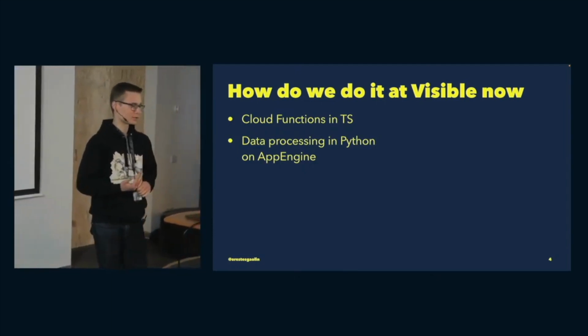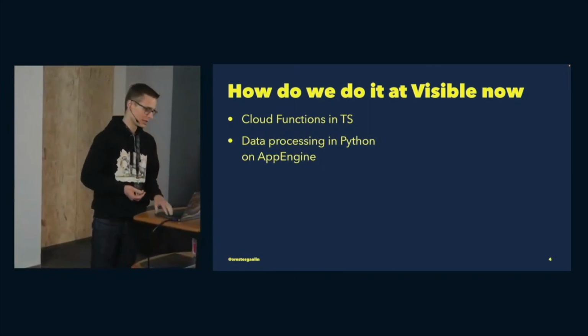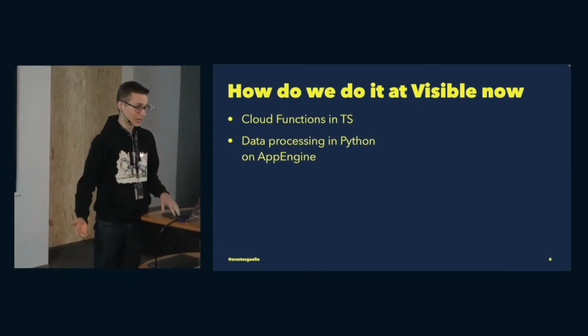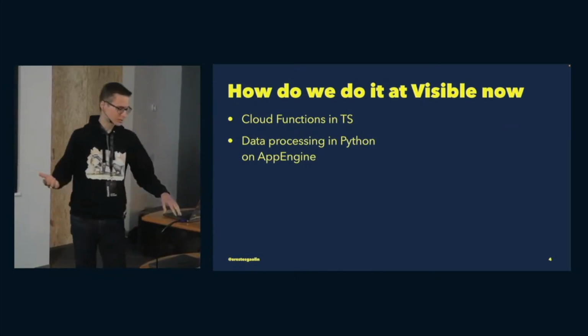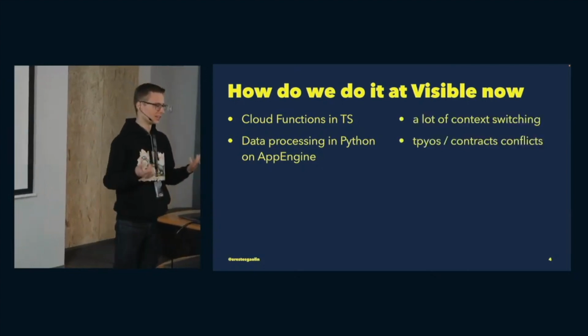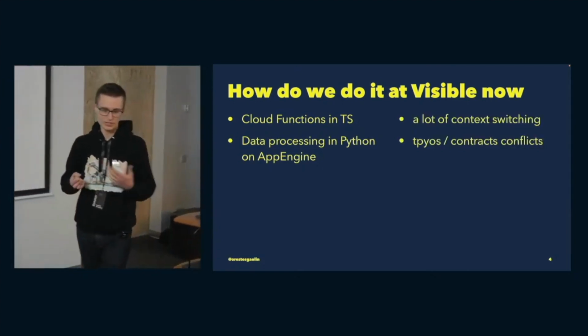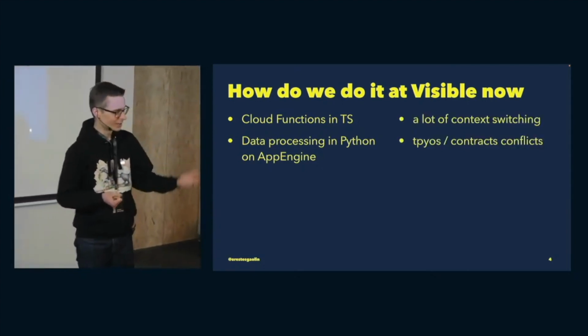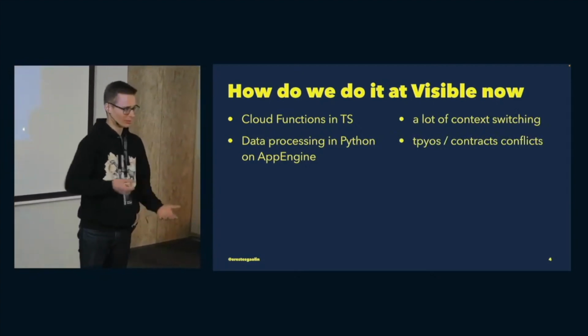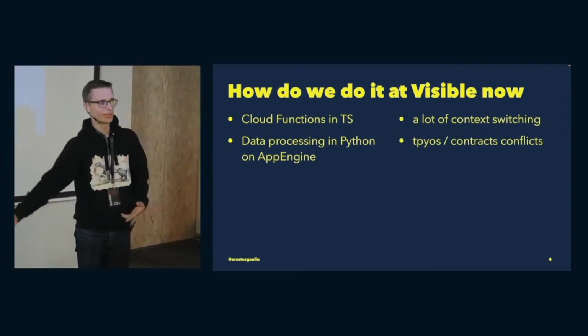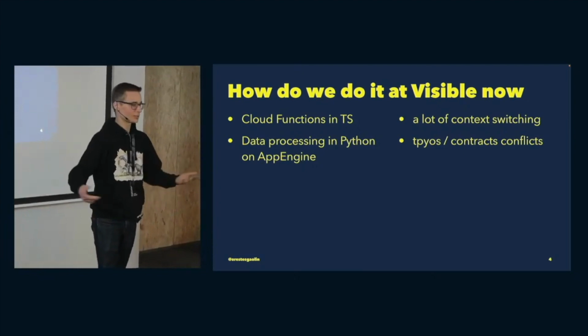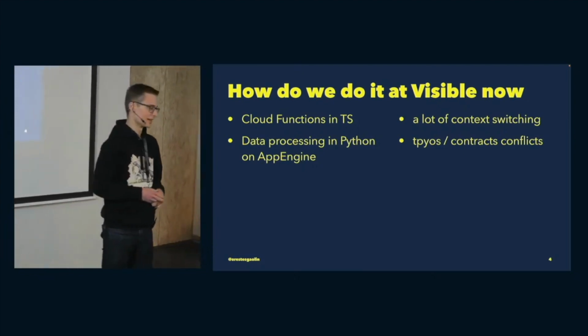Even with some code generation, it became quite tricky. There was a lot of context switching and some conflicts between models. For instance, on the backend, in the database, we defined some field as nullable, then it was not nullable in TypeScript, and then again nullable in Dart, and it was getting out of hand.